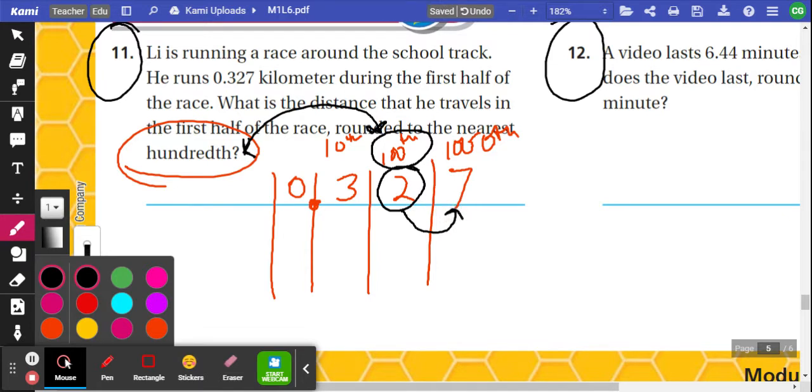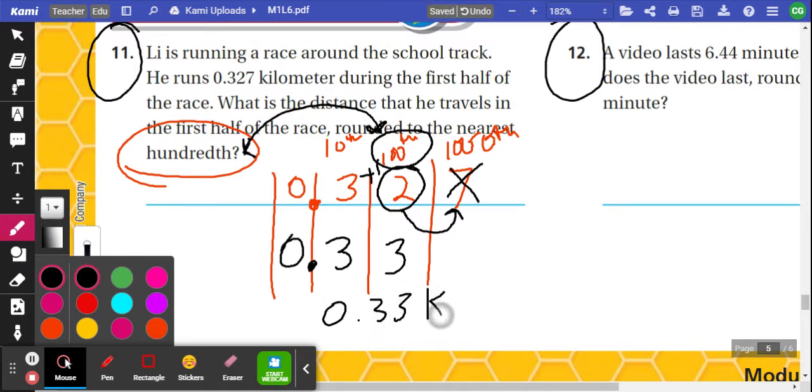I see that it's a 7, so I'm going to add 1 to it. So I'm done here. So 2 plus 1 equals 3, and I'm bringing down everything else to the left. So the answer is 33 hundredths. So this will be 33 hundredths kilometers. Okay, remember it's ending in the hundredths place and it ends in the hundredths place.